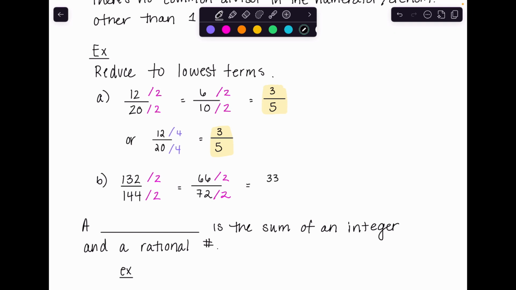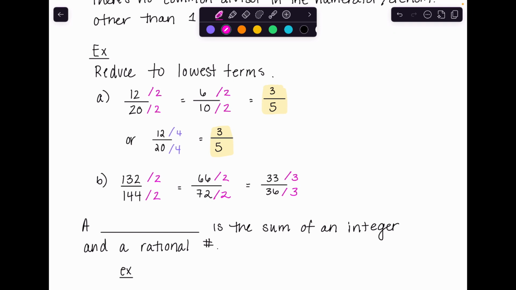Dividing by 2 gives me 33. Dividing by 2 gives me 36. And then I can keep going. These are actually both divisible by 3. So it's kind of like you're finding the prime factorization for both of these, but you're just utilizing that to simplify.